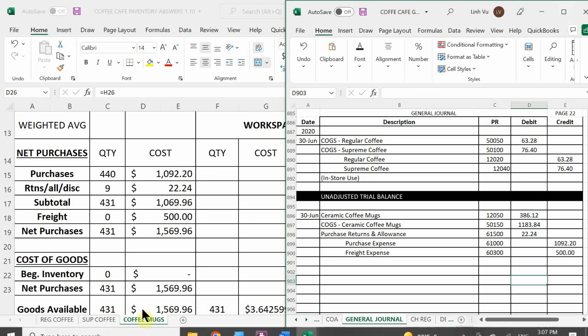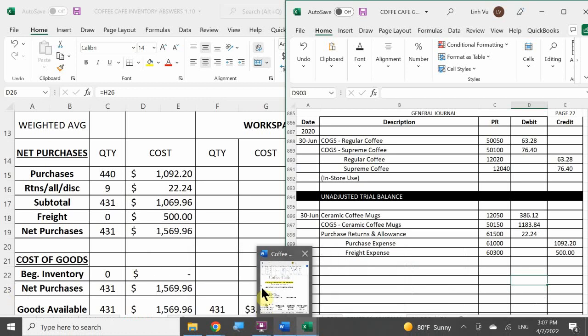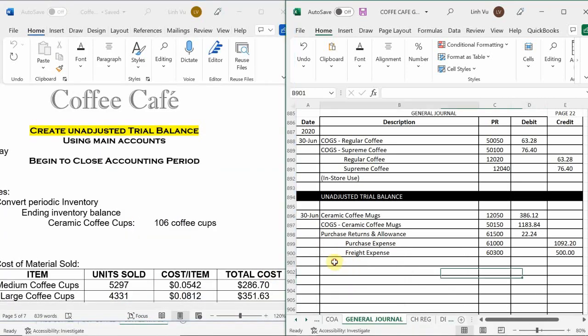Anything else you want to add to the description? That we still have 106 in inventory. Okay, you can do that. So you could say conversion entry.